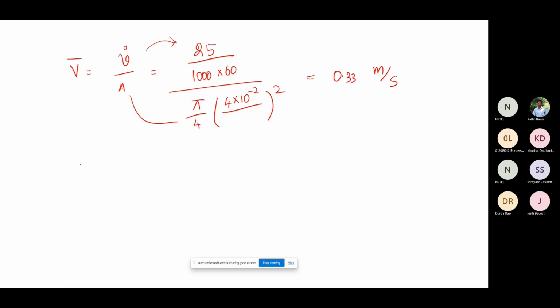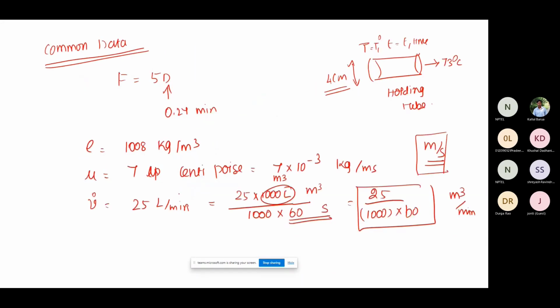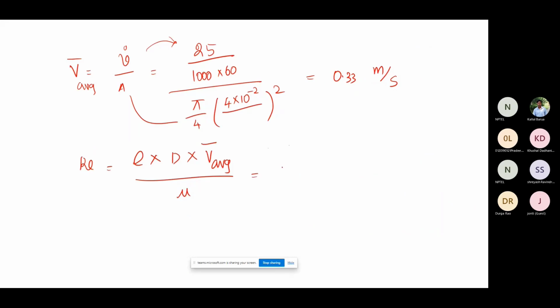And then here we calculate the Reynolds number. For Reynolds number, you are given rho, which is density, just now I told 1008. And then diameter, which is 4 centimeter. And then you also found out just now the average velocity, upon mu. Mu also you converted into SI units. As I said, 7 centipoise you have converted into kg per meter second. So that value is there. So if you substitute here, your Reynolds number is coming around approximately 1900.